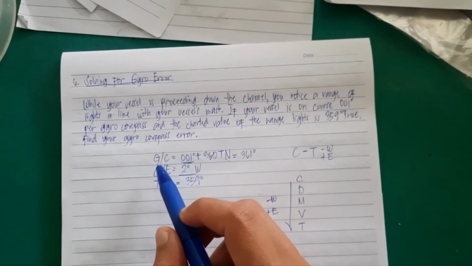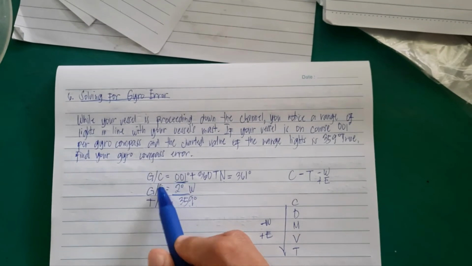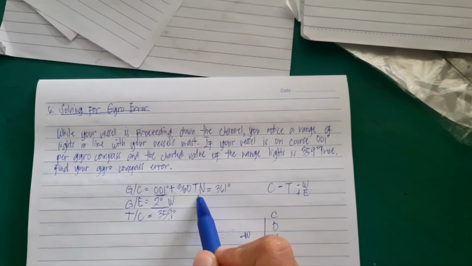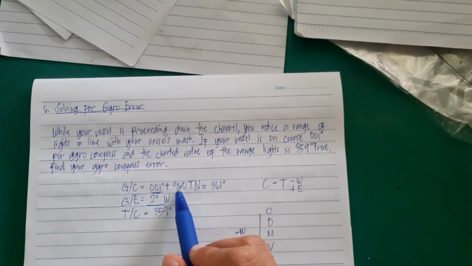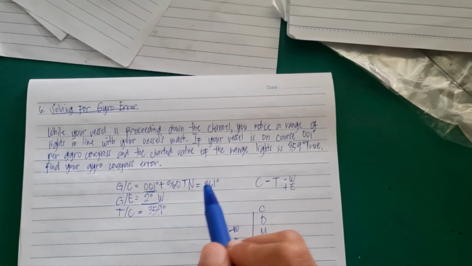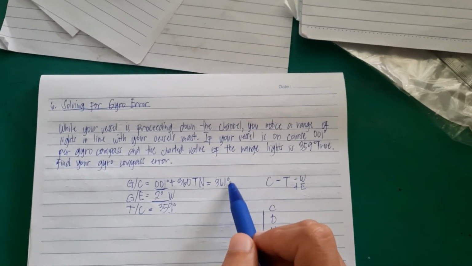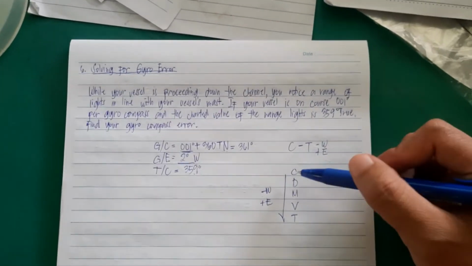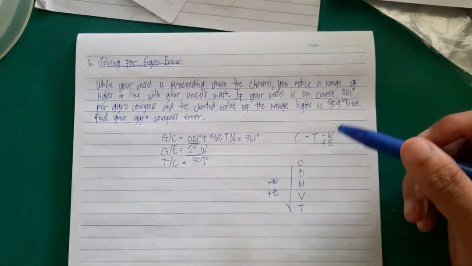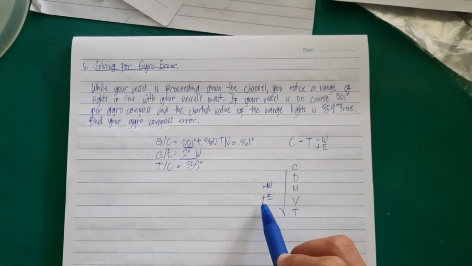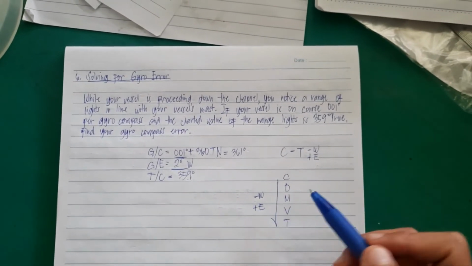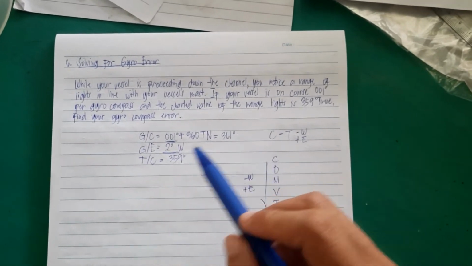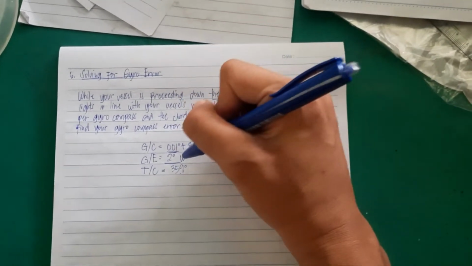For this one, for the gyro compass, we will be adding 360 to true north to make it accurate, and that's it, 361 degrees. So the applicable rule for this one is CDMVT: subtract west, plus east. As you can see, the gyro reading is greater than the true course. So this is west.